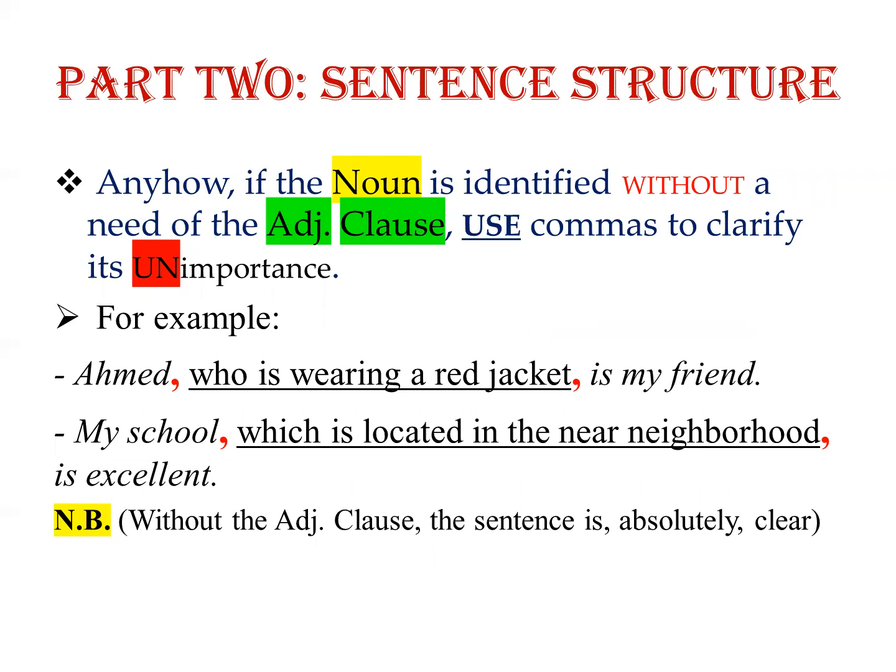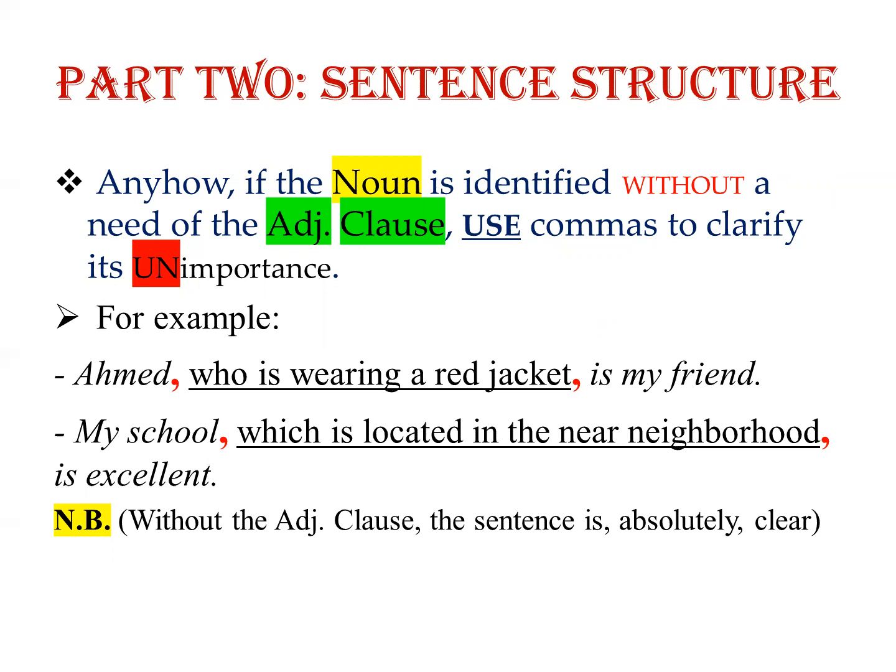Let's read the examples. Ahmad, who is wearing a red jacket, is my friend. You have a friend whose name is Ahmad, and he is your friend at the end, whether he is wearing a red jacket or a t-shirt or not wearing a jacket.